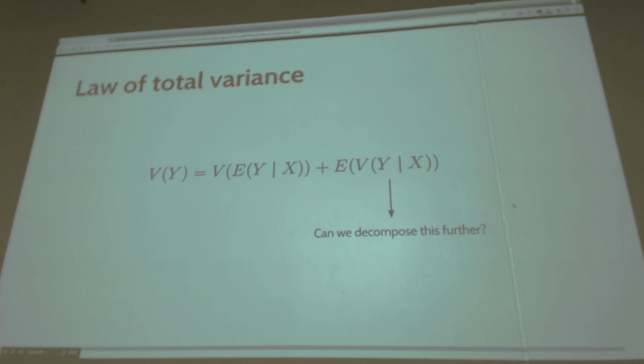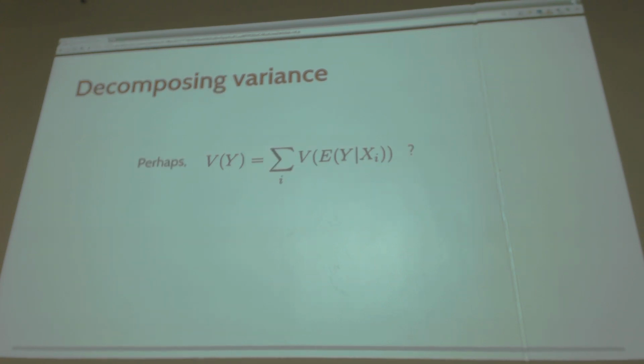To get the decomposition of the variance of the output with respect to many parameters, we're going to have to decompose this term further. For now, we only have a term for parameter x, but what about parameter z, parameter t? Maybe we can just decompose the variance into a sum of terms attributable to every parameter.